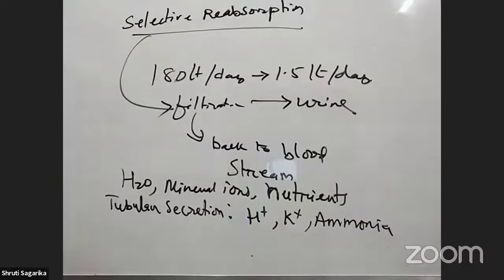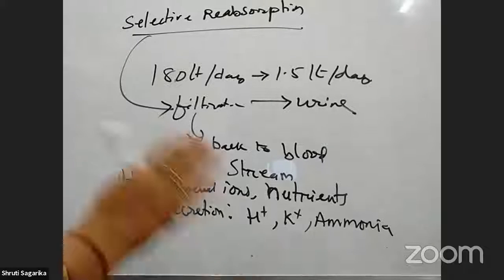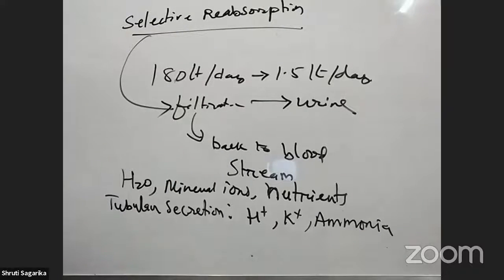These substances are secreted by the tubular cells. Tubular secretion is also a very important step for urine formation, as it helps maintain the ionic and acid-base balance of the fluid. But it is of more importance for organisms that have to retain water in the body. Clear?